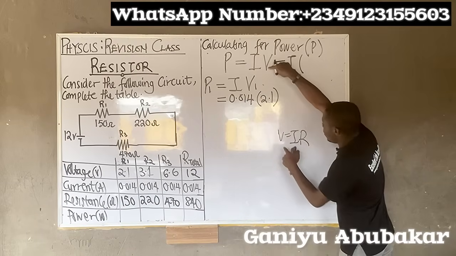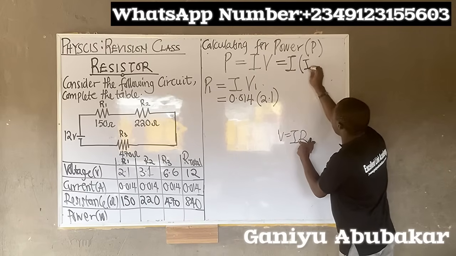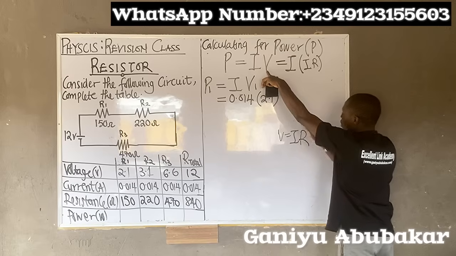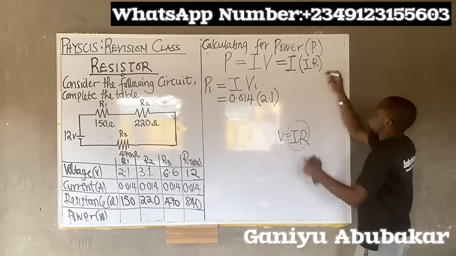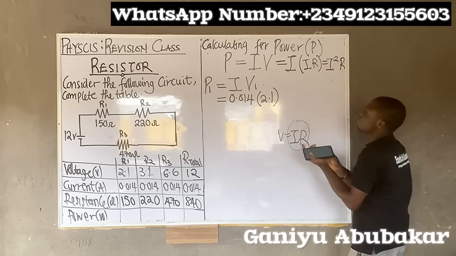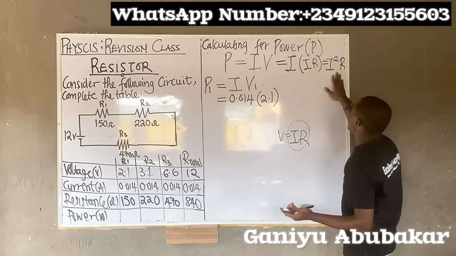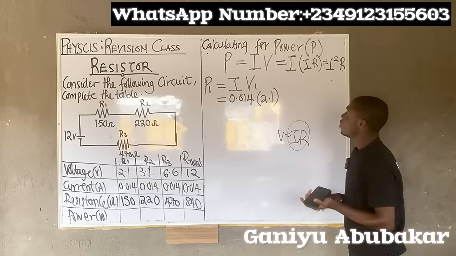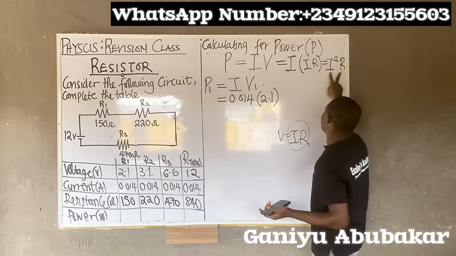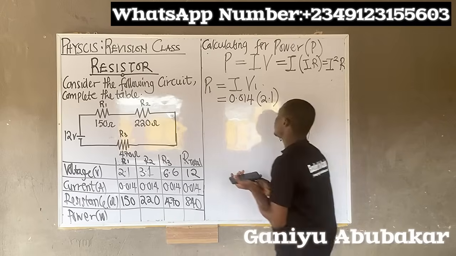So whenever I see V, I can put IR. Then it gives you I squared R. I can still use this or this formula. It's the same thing. To save time and stress, let's use this concept.